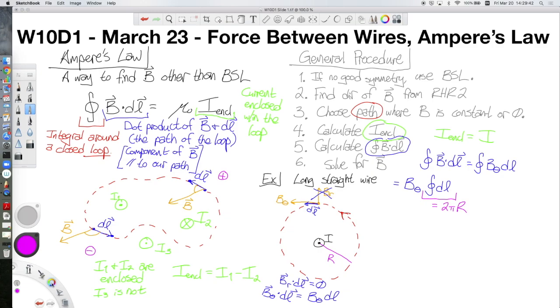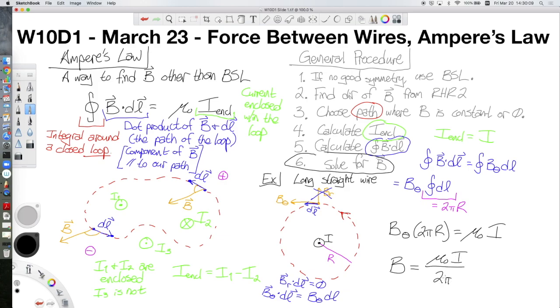So now we can go back to step 6 to solve for B, to set these sides of these equations equal to each other. Because we have B theta times 2 pi r equals mu naught times our current enclosed. So we can then solve for our magnetic field as mu naught I over 2 pi r.